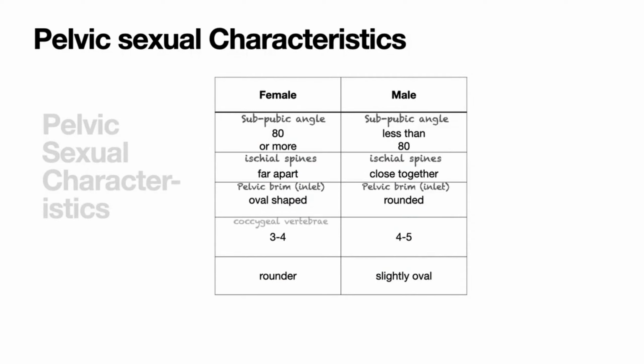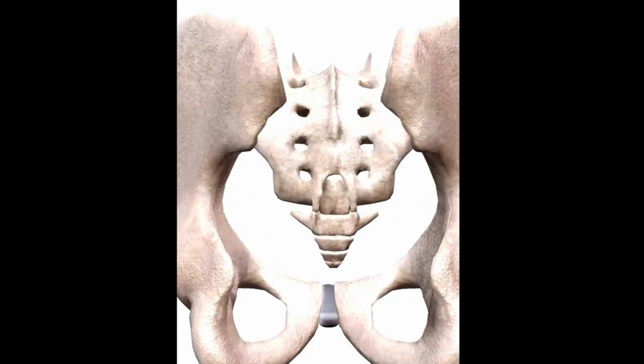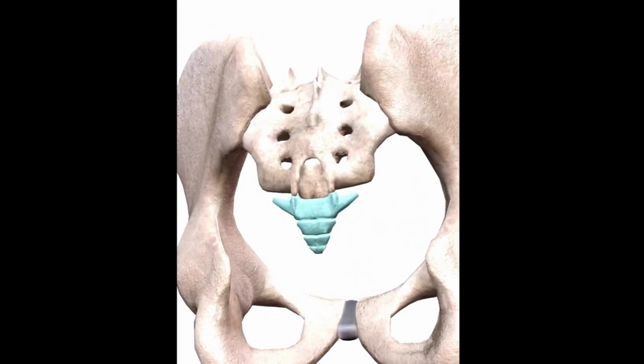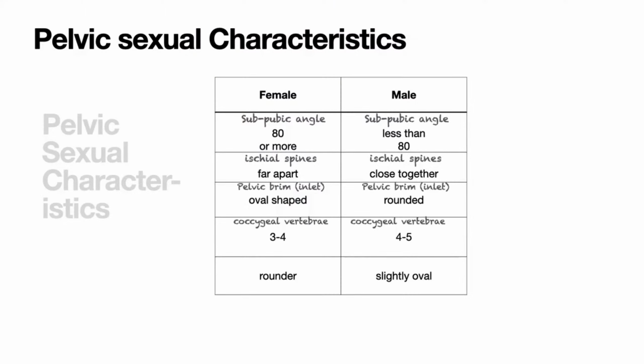And then when we're talking about these coccygeal vertebrae, you're going to have 3 to 4 on the female, while you'll have 4 to 5 on a male. And then, yeah, the pelvic outlet. The pelvic outlet is rounder for a female. And it's going to be slightly oval shaped for a male. Okay.